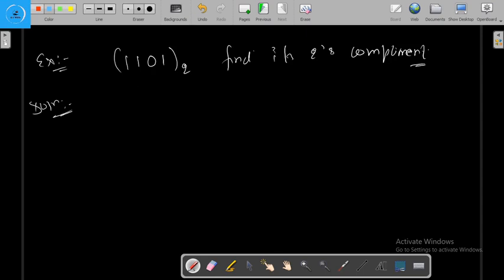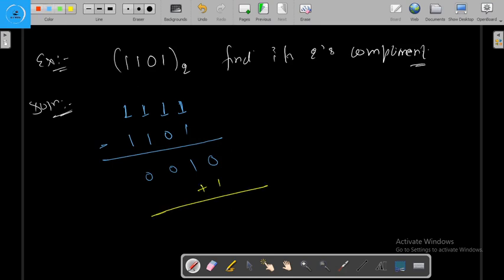For finding the 1's complement, we write 1 four times, and then we subtract the given number. What we get here is 0100, and then we add 1 to the LSD. So 1100 is not it; the result is 0011. So the 2's complement of this number is 0011.